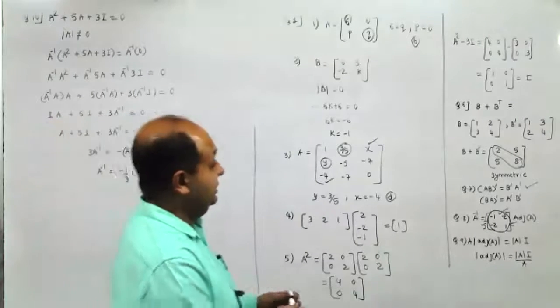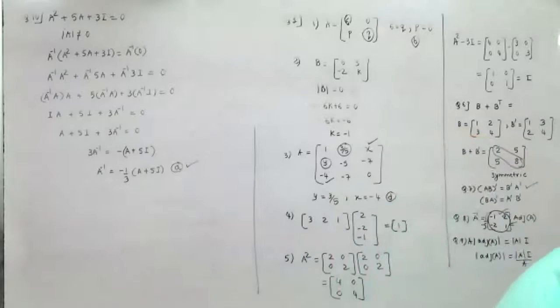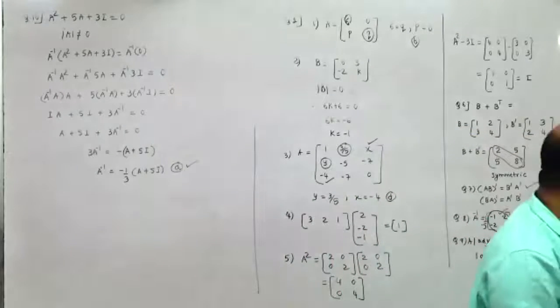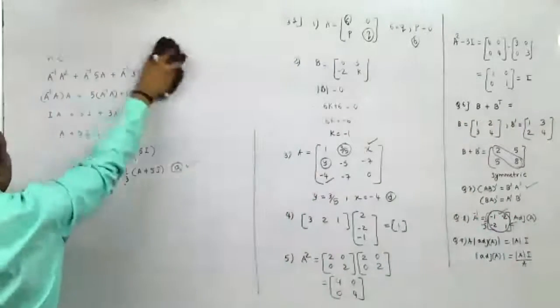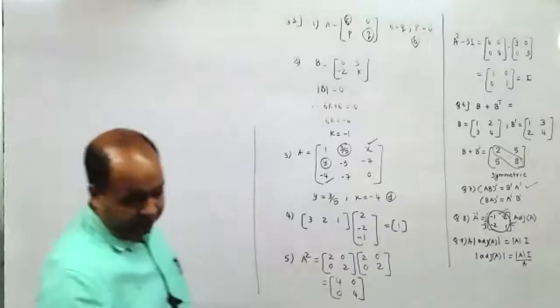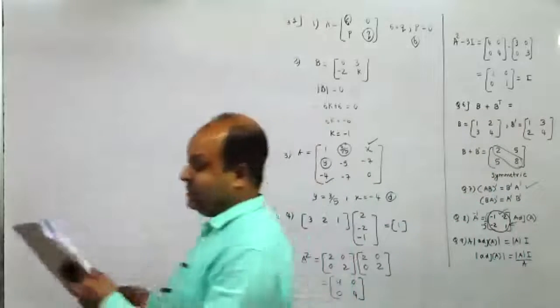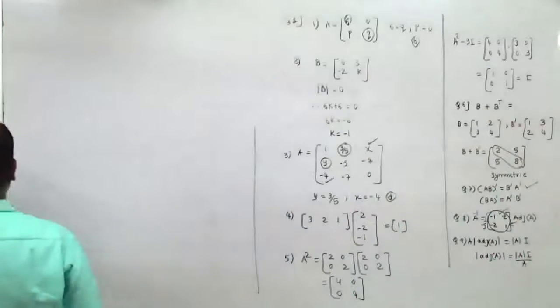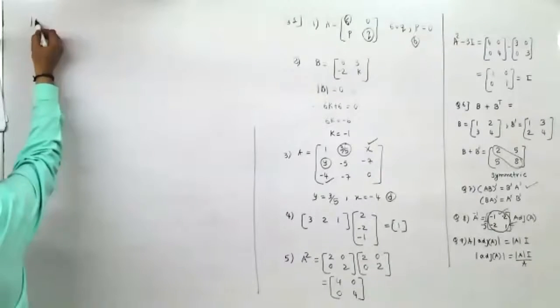Now, here, the last question for the day is the 9th one. How do we go about it? A is a non-singular matrix of order 3. I'll take up one easy example.